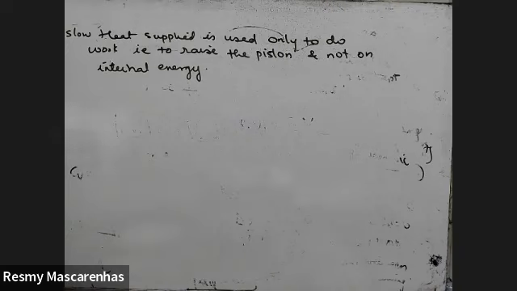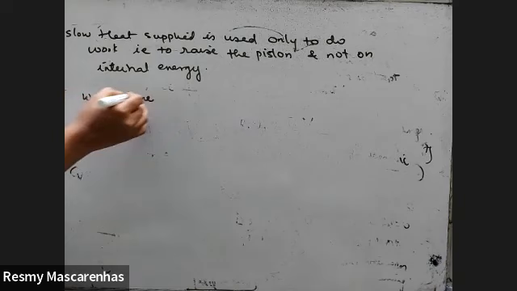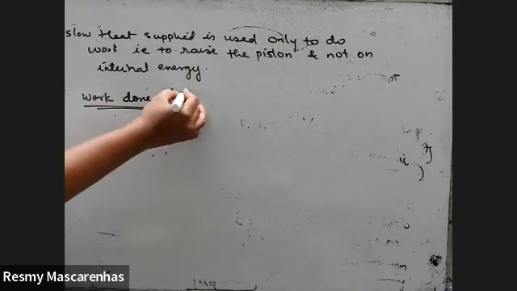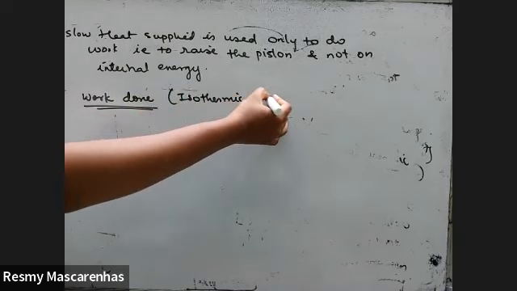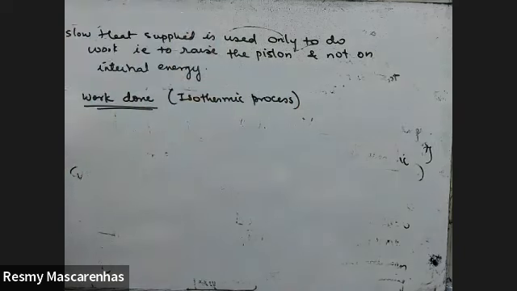Now we will calculate how much the work done is. This is the derivation of work done for an isothermal process, because we have one more derivation, work done for adiabatic also.